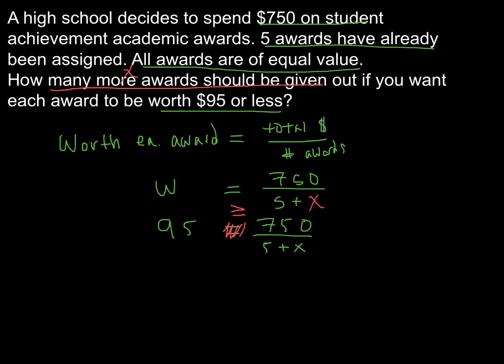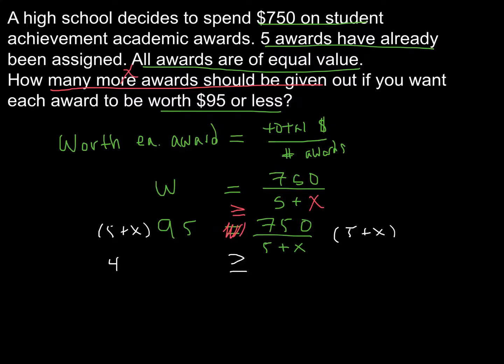So when I start solving, I'm going to multiply, just like I always have. I'm going to get my variable out of the denominator by multiplying by 5 plus x on both sides. So I have my less than or equal sign, and on the left side I'm going to divide through or multiply through.